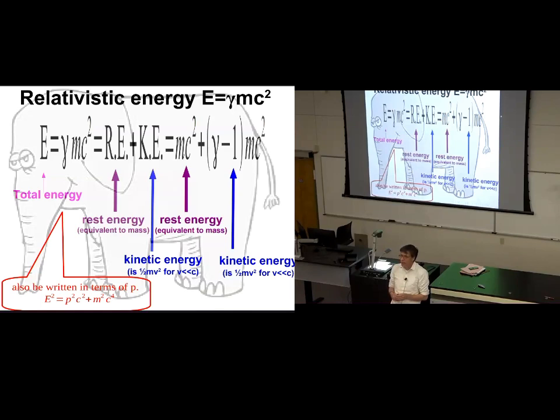Now think about it. c is a big number. c squared is a really big number. 3 times 10 to the 8 meters per second, squared. So that's a huge number. It's 9 times 10 to the 16. That means even the tiniest amount of matter, substance, mass, a milligram or a microgram or a nanogram, actually has huge, huge, huge amounts of energy stored up, wrapped up in it.